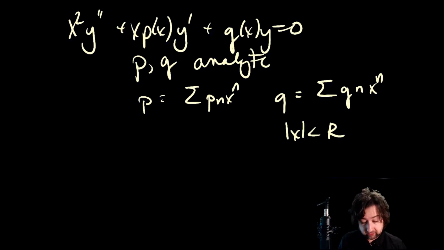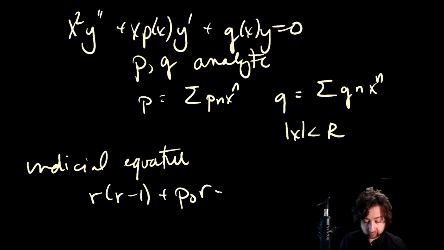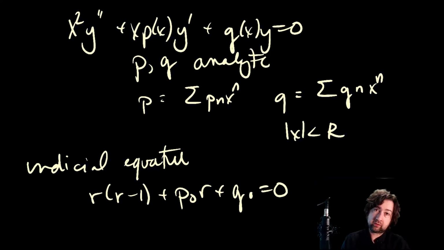So the indicial equation is the quadratic equation r times r minus 1 plus p naught r plus q naught is equal to 0, where p naught and q naught are the first terms of the power series, which means they're actually the values of p of 0 and q of 0.